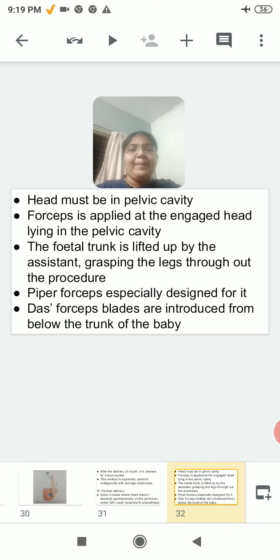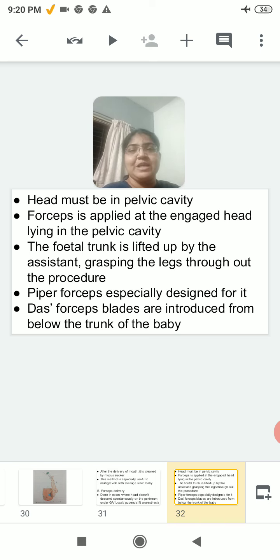Head must be in the pelvic cavity. This is the prerequisite of forceps delivery. Forceps is applied at the engaged head lying in the pelvic cavity. The fetal trunk is lifted up by the assistant, grasping the legs throughout the procedure.